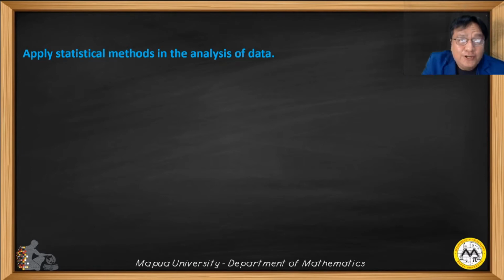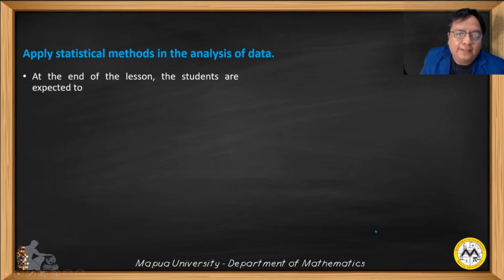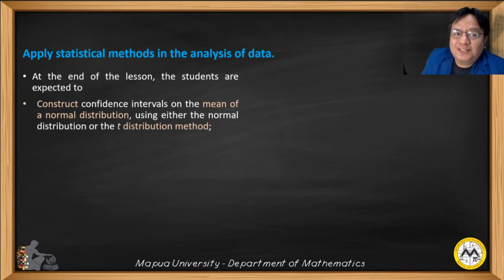For this lesson, we're going to apply statistical methods in the analysis of data. At the end of the lesson, the students are expected to construct confidence interval on the mean of a normal distribution using the normal distribution or the t-distribution method.